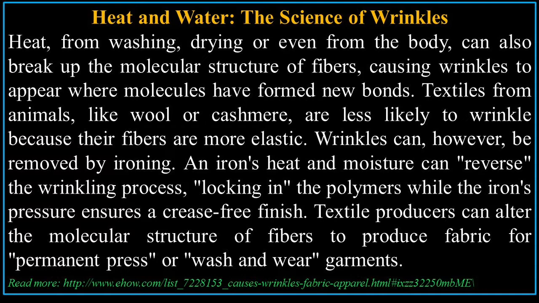Textiles from animals like wool or cashmere are less likely to wrinkle because their fibers are more elastic. Wrinkles can, however, be removed by ironing, and the iron's heat and moisture can reverse the wrinkling process, locking in the polymers while the iron's pressure ensures a crease-free finish.